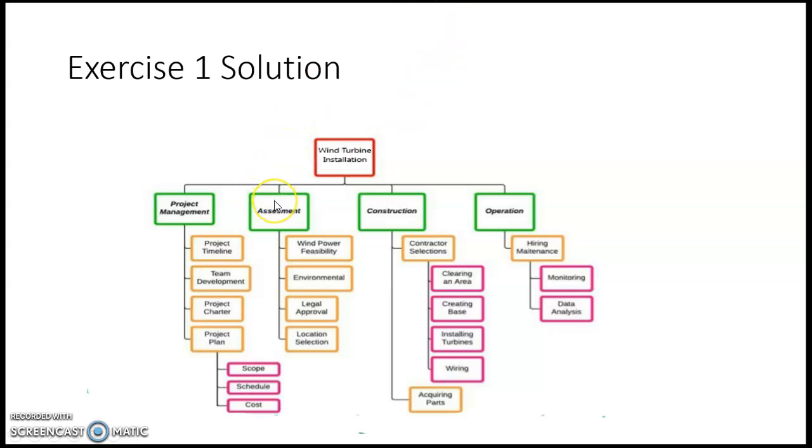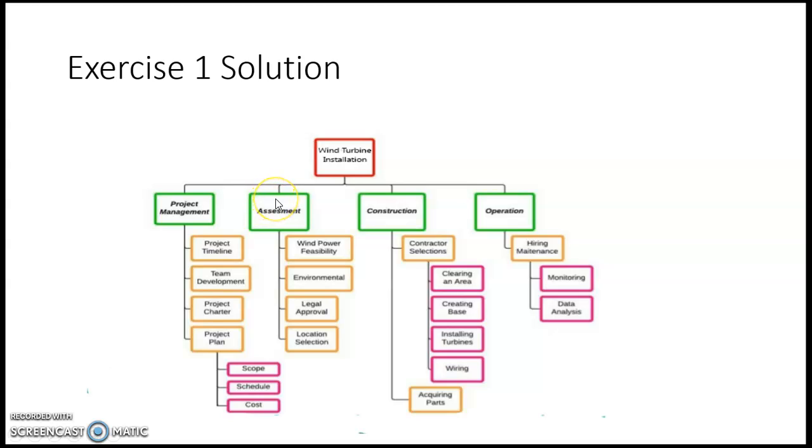After that we would normally do the assessment, or the wind site resource assessment, for determining the wind power feasibility, the environmental issues, getting the legal approval, and the site selection if we have done several wind resource assessments for a particular island or country.